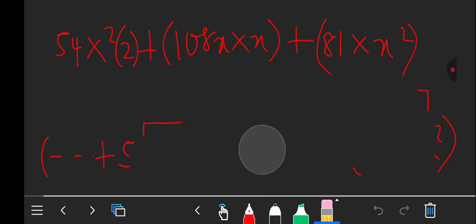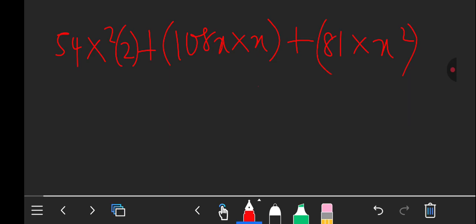Then you evaluate. You use your algebra. So you're going to say 54 by 2. That would give 108x squared plus 108x squared, because x multiplied by x is x squared, then plus 81 multiplied by x squared is just 81x squared. Then you just add.